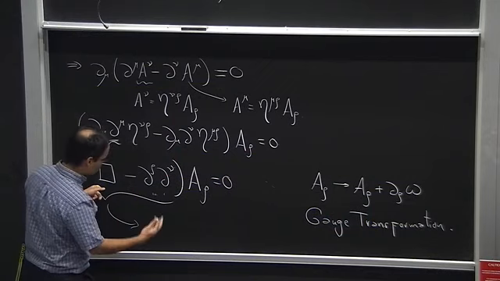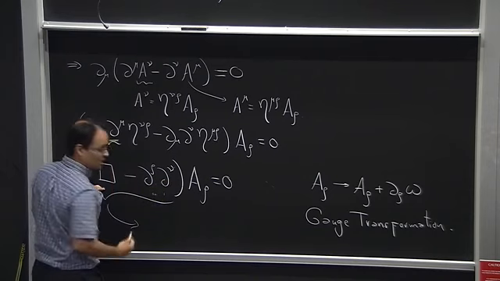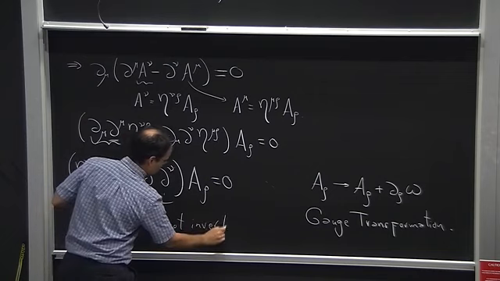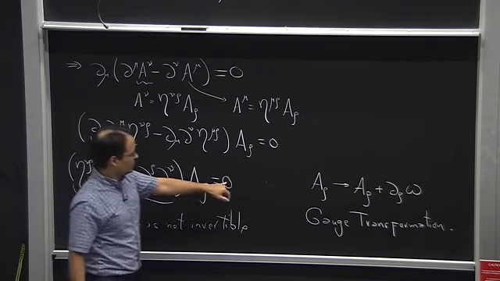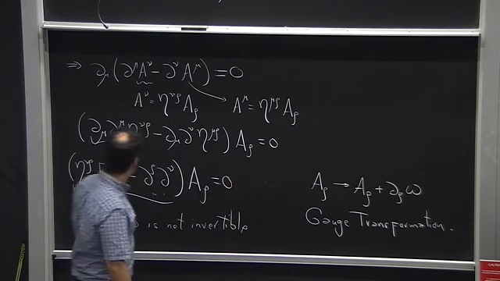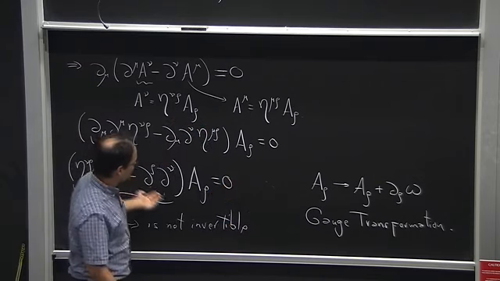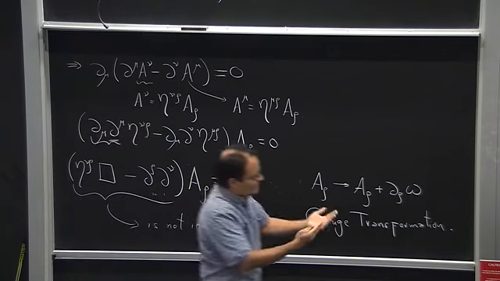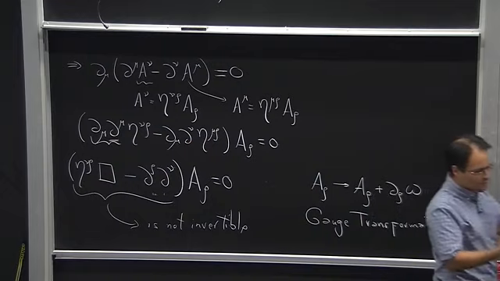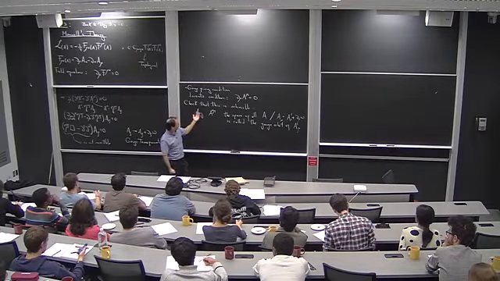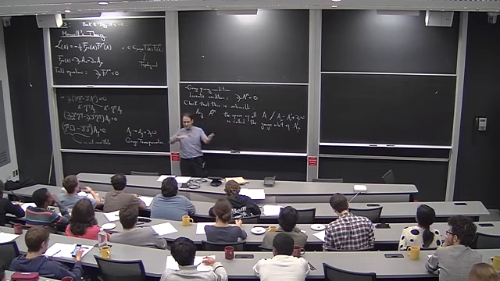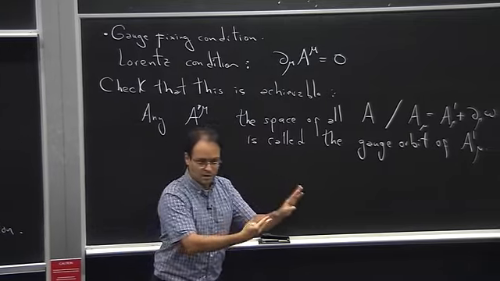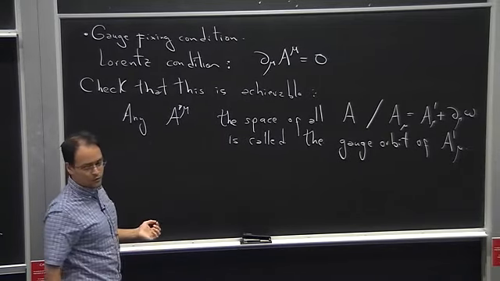The statement that is true is that this differential operator is not invertible. So if on this side you put a conserved current, then this operator is not invertible, and you cannot find a unique solution. Your system of equations will not be well defined. So you have to fix your gauge, and after you fix your gauge on those gauge orbits, then you can think that your differential operator is fine, and then solve the evolution. Okay?